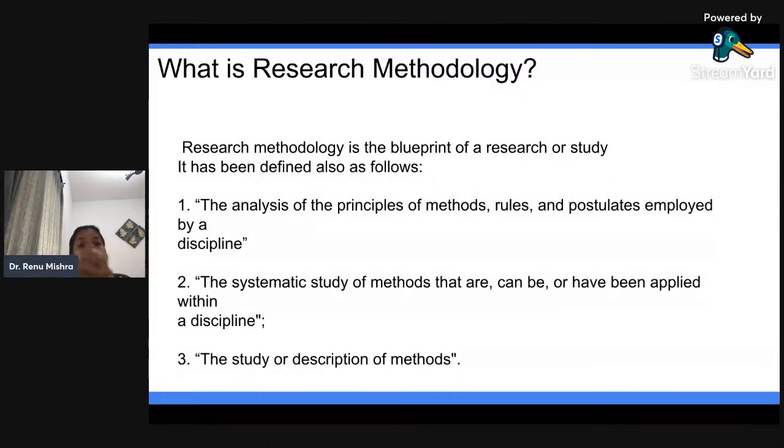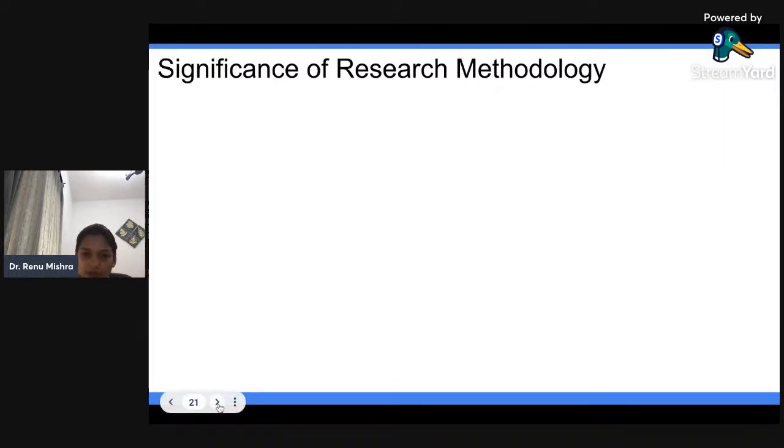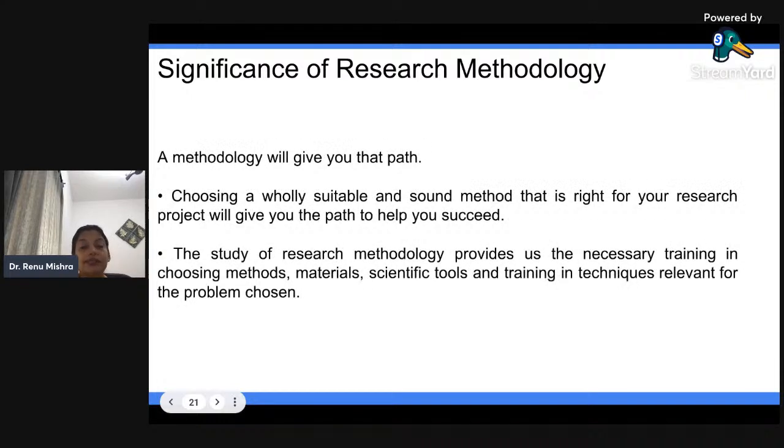Analytical researches are generally conducted by organizations. Then coming back to research methodology, let's understand what the significance of research methodology is.